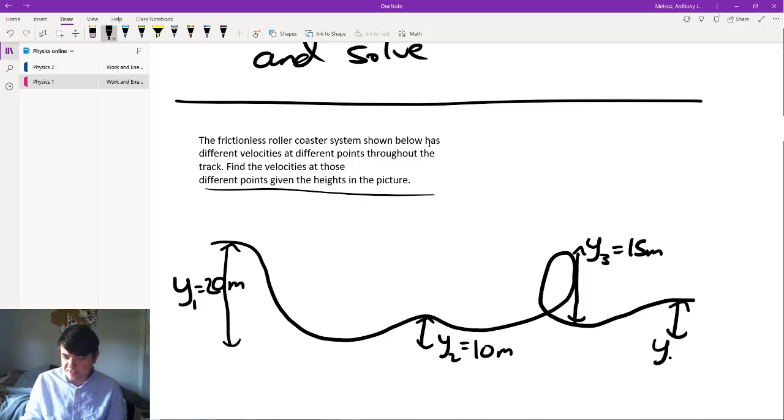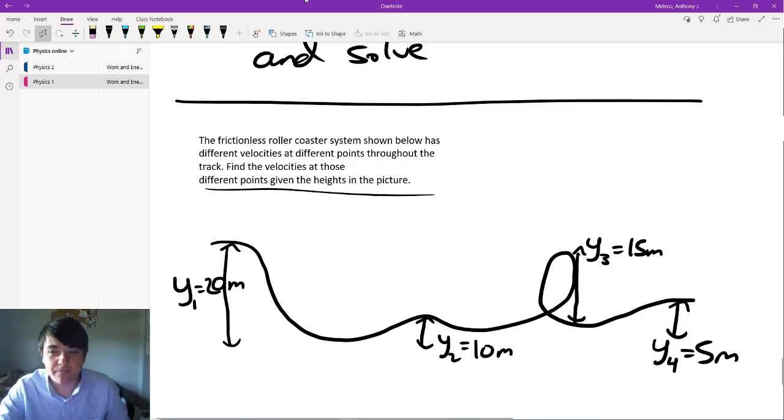Normally with these types of problems, you'll be given the picture. The picture in this case is going to look like this, where y1, the first height, is 20 meters high, y2 is 10 meters high, y3 is 15 meters high, and y4 is 5 meters.